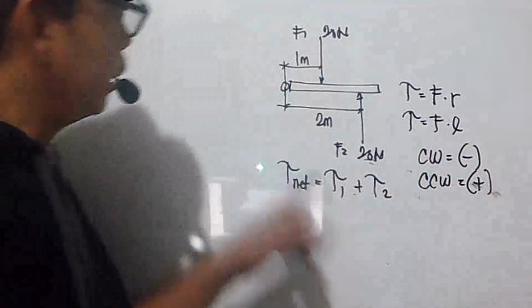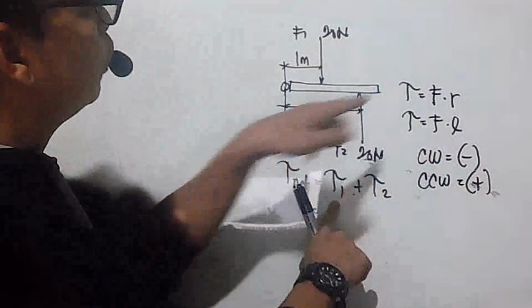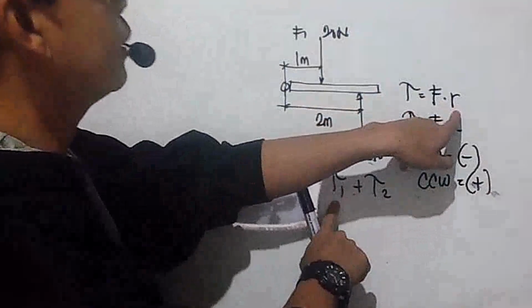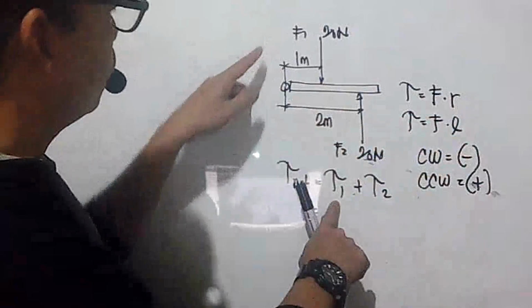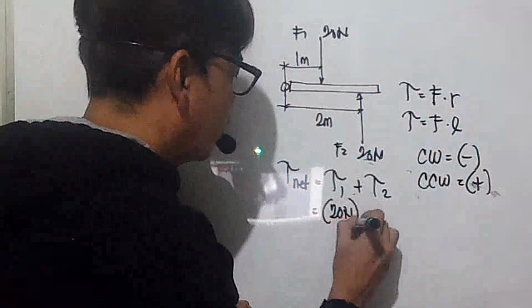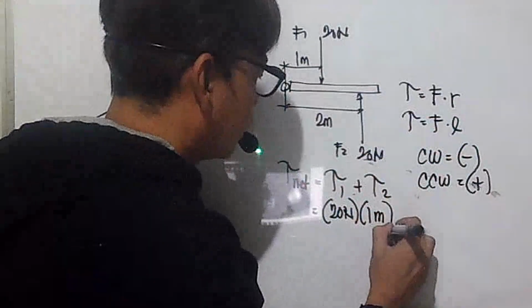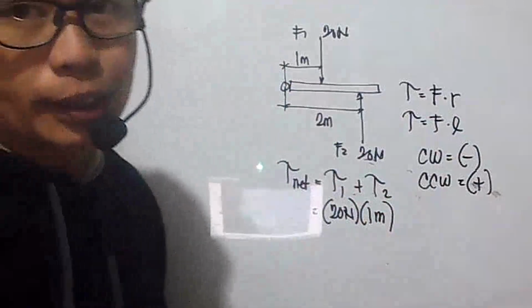Number one, your torque 1 is equal to the force multiplied by the distance, or lever arm. F1 is 20 newtons multiplied by the distance of 1 meter. Now let's look at the sign.